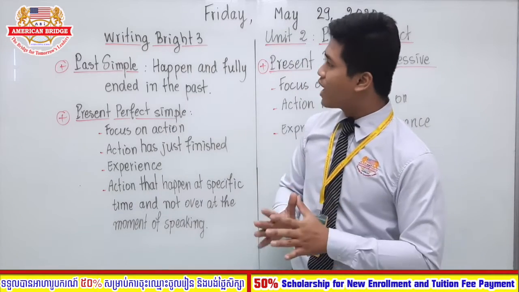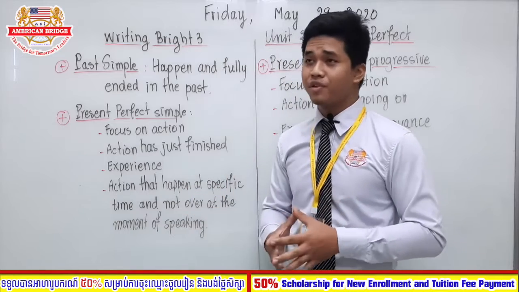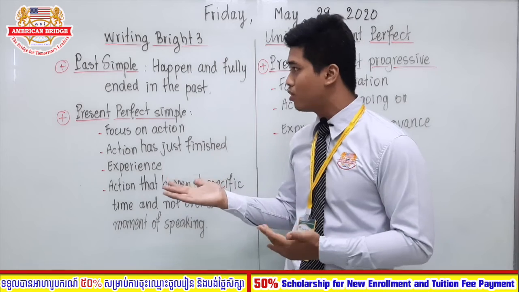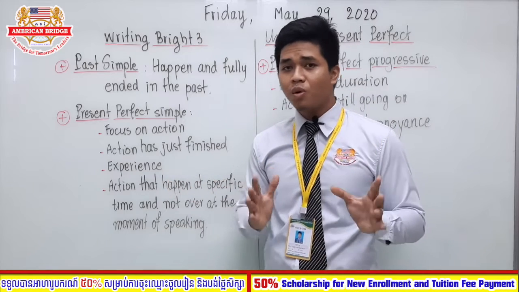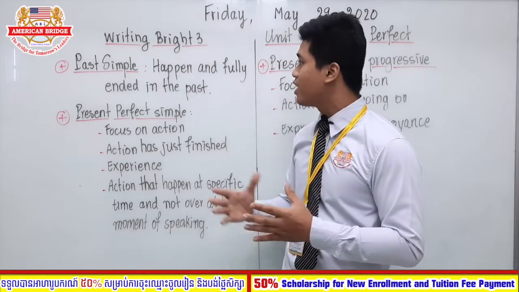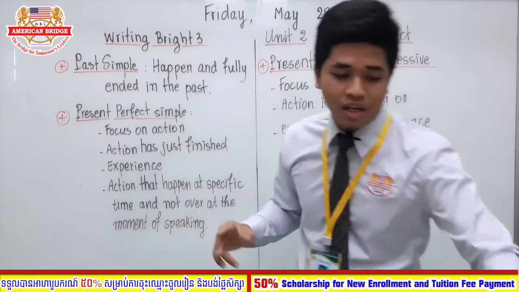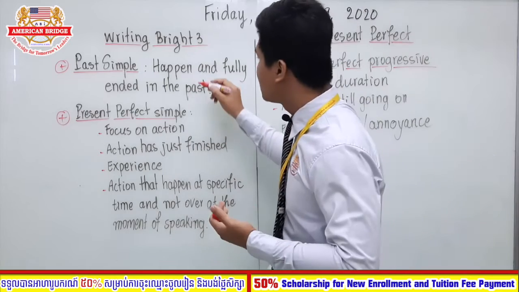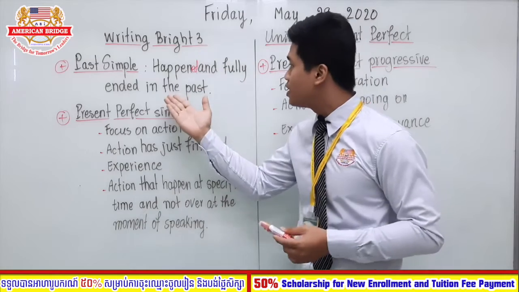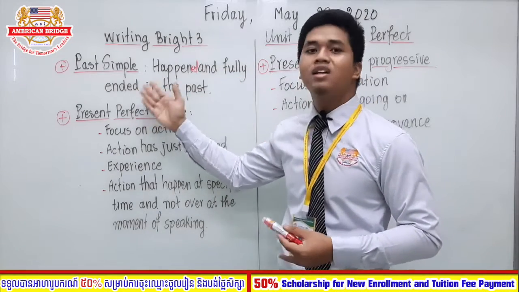First, look at the first one, which is past simple. The easiest tense here is past simple, because past simple is used to talk about an action that happened. I'm sorry, here "happen" is supposed to be "happened" because it happened in the past, right? It happened and fully ended in the past.